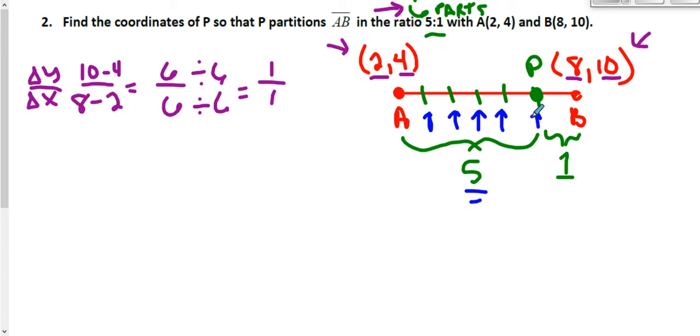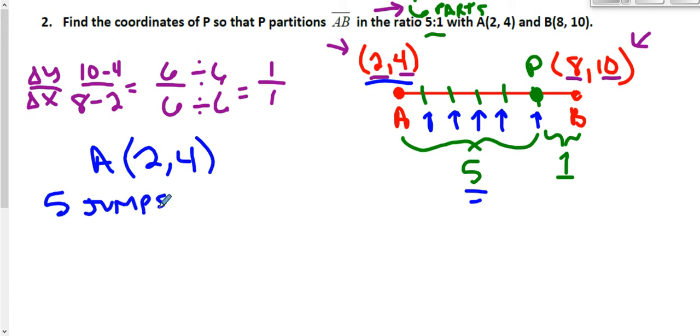So I'm going to start with my a value, which was my a coordinate 2, 4. And I need to do 5 jumps to get to my partition. So 1, 2, 3, 4, and then the 5th one brings me right here.